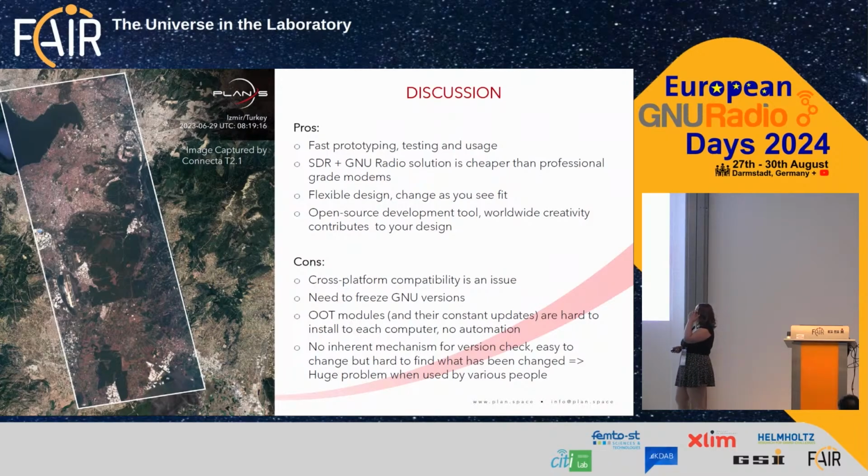We actually froze some disk images. We have some disk images where we found an optimal version of Python, UHD, GNU Radio, Linux, and so on, and we took the disk image of it, but that's not a good solution either.